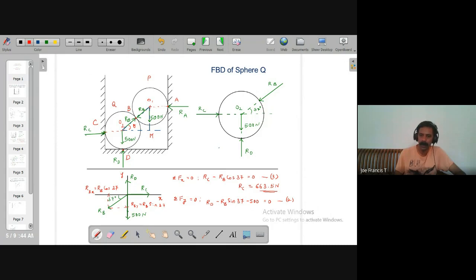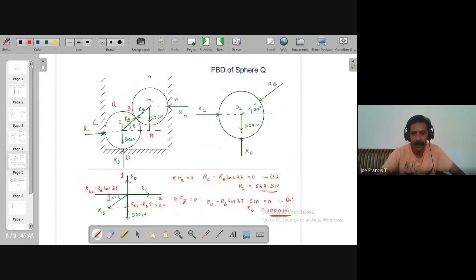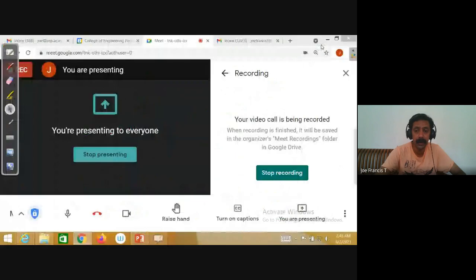You already know RB, so you can straight away write RD. RD is, since there are two weights acting downwards and the walls are frictionless, almost 1000 Newton, the sum of the two weights. So we found all the reactions, RA, RB, RC, and RD. Okay, so this is how you solve it.